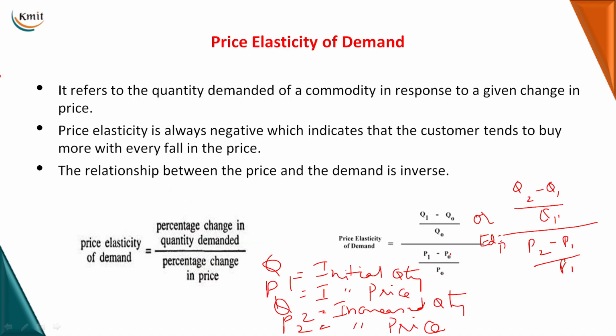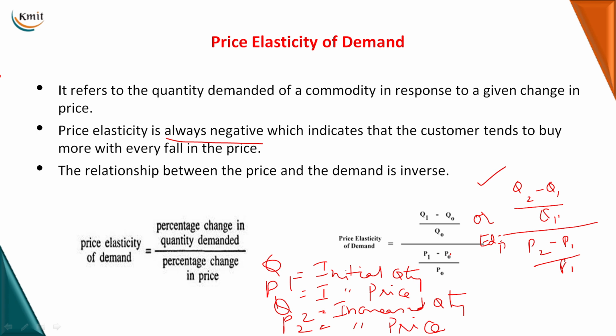Price elasticity of demand. It refers to the quantity demanded of a commodity in response to the given change in the price. So it is always negative, because if P1 is the initial price, P2 is the increased price. According to the formula for calculating price elasticity of demand, that is Q2 minus Q1 by Q1 whole divided by P2 minus P1 by P1.